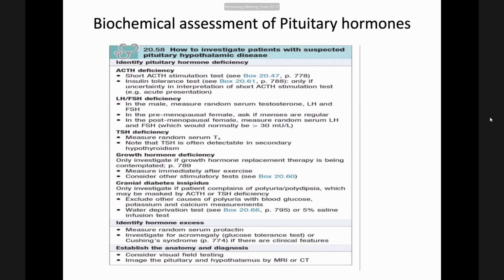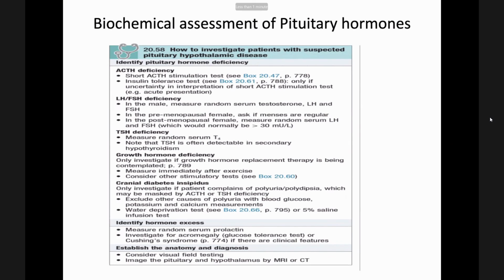If postmenopausal female, then we have to look at LH and FSH, which would normally be greater than 30. In postmenopausal women FSH and LH rise due to the feedback mechanism. But if LH and FSH, which should be high in postmenopausal women, are normal, then we have to suspect that there is LH-FSH deficiency.